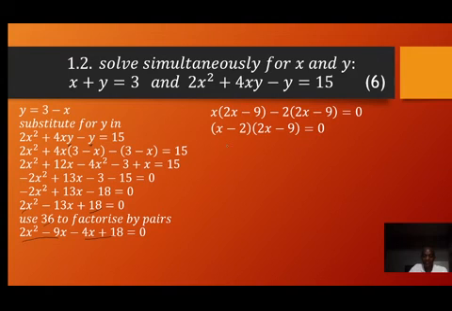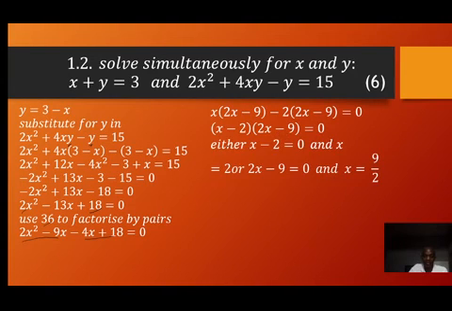Either this bracket equals 0, which gives me x minus 2 equals 0, which gives me x equals 2, or 2x minus 9 is 0, which gives me what? x equals 9 over 2.